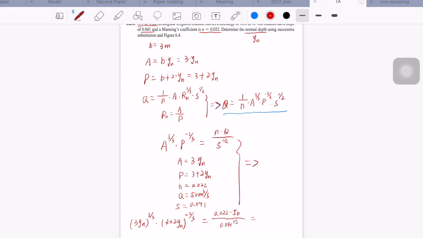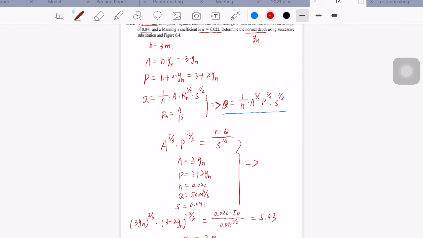So this value is 5.43. And then we use the successive substitution method. We get that y_n approximately equals 2 meters.